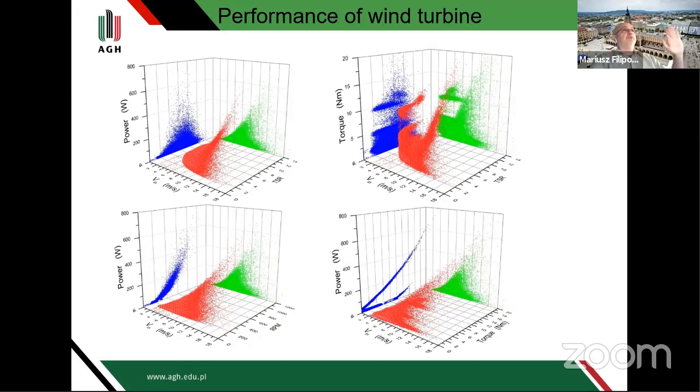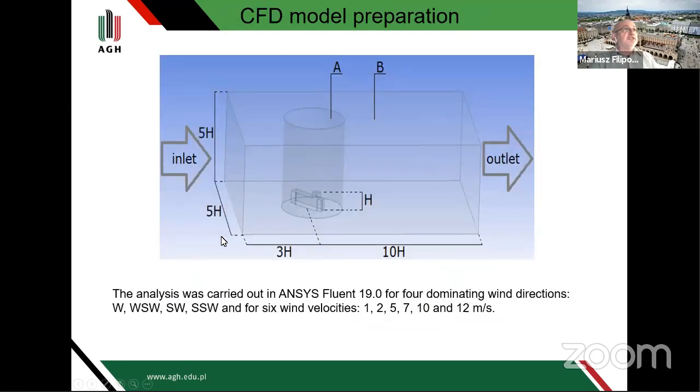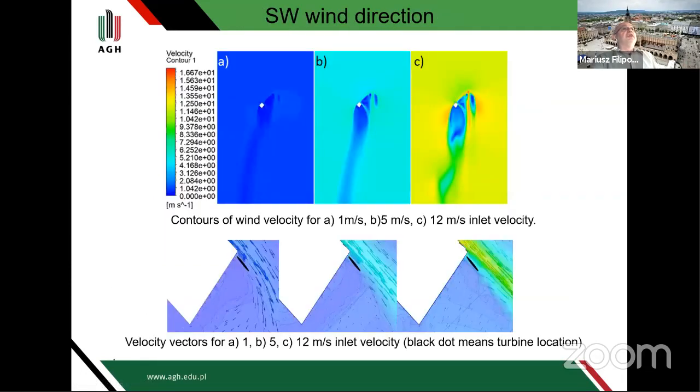Okay, so this is the gathered data, and generally we created a CFD model which describes this data, due to the complexity of the whole situation. So we created a CFD model with all this grid, and you can see some wind flow for some cases, southwest wind, for some selected wind intensity.